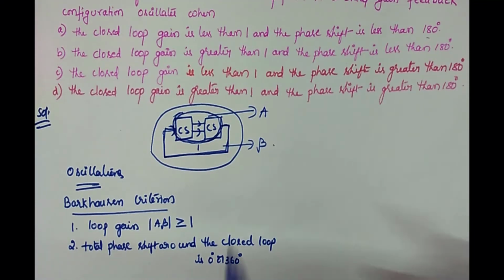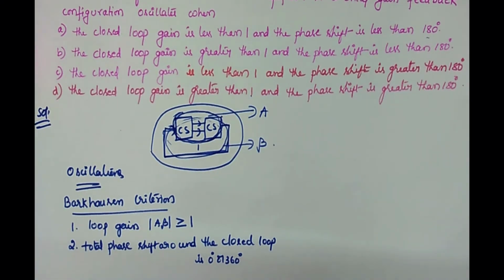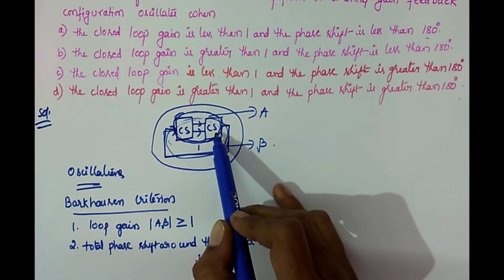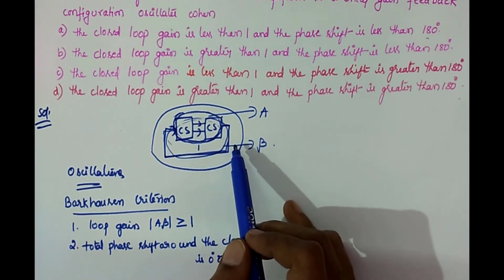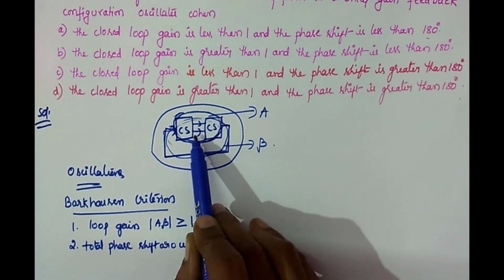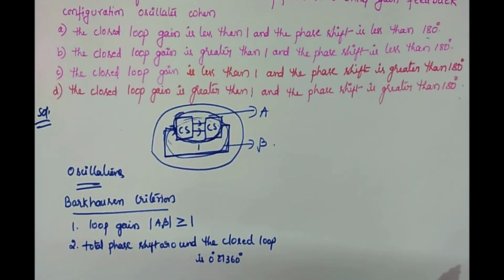Suppose the first common source amplifier is giving 180, then the second must produce another 180. The total will be 360. So totally from the amplifier and from the feedback, the phase shift must be 0 degrees or 360 degrees.